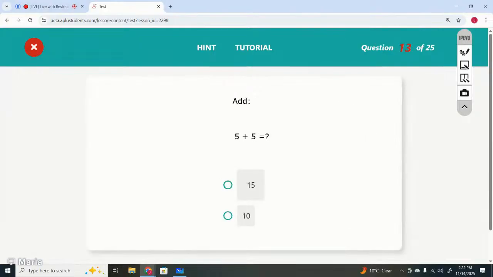Option number 1 is the correct option. 5 plus 5, that is 10. 5 plus 5 makes 10. Option number 2 is the correct option.